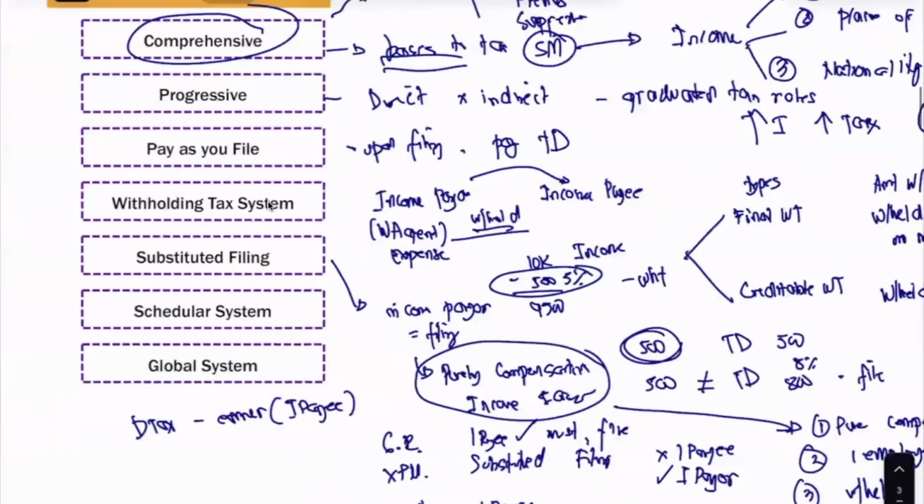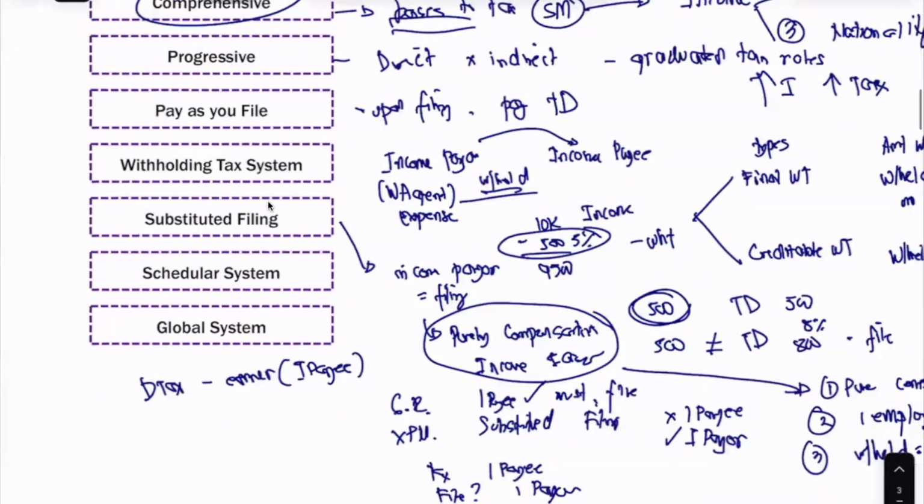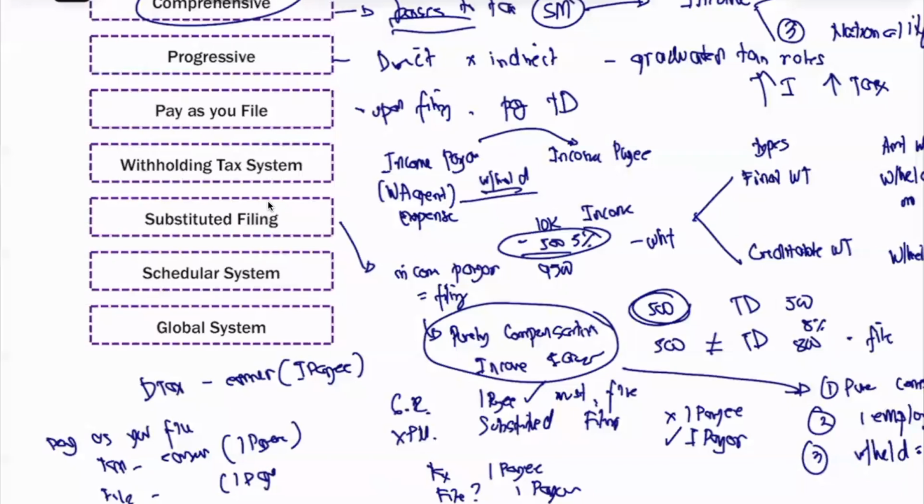Oh sir, nalito na naman ako, paano naman yung pay as you file? Pag pay as you file, ang ibig sabihin naman niyan, sino ang tinatax? Si earner. It is the income payee. At sino ang nag-file? Siya rin, si income payee. Okay? So dito, ang pinagkaiba lang nila, still the person who is subject to tax is the earner or the income payee because income taxation is direct.